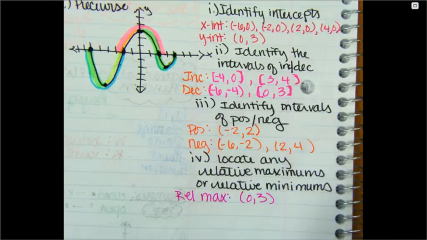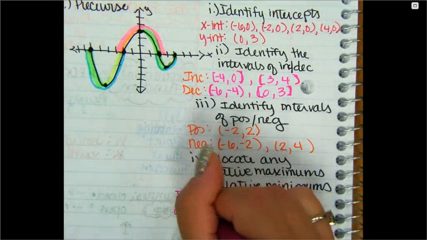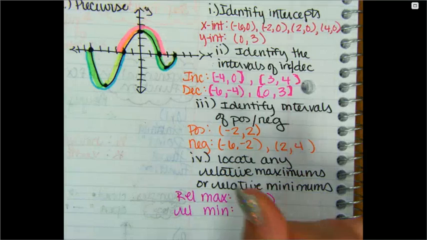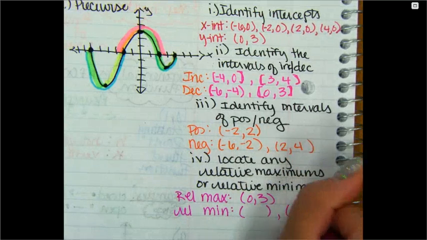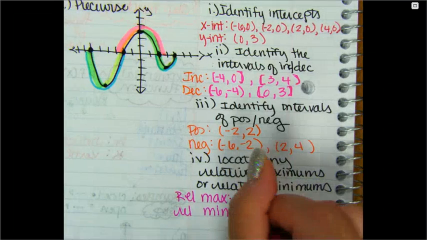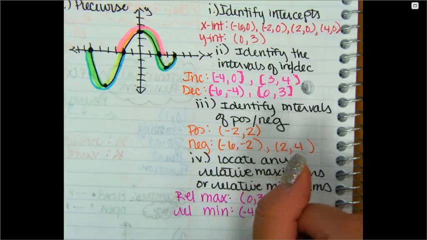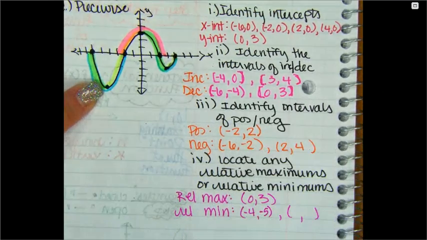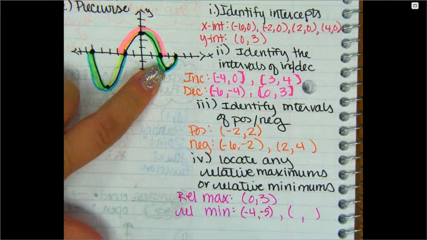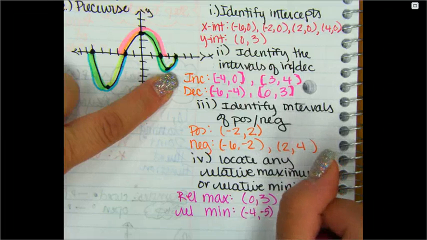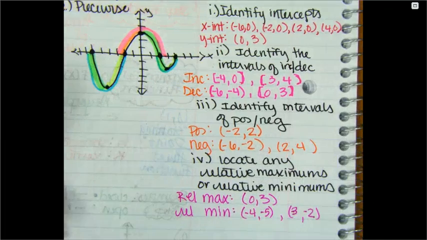Very good. And then you're going to tell me relative minimums. Is there more than one? Yep. How many? 2. What are they? -4, -5, and then again at 3, -2.